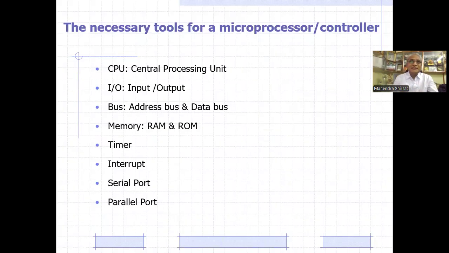But let me tell you one more very important thing. Whether it is a microcontroller or a microprocessor, I want to tell all students one important thing with clarity. Though we say that in a microprocessor, memory and peripheral devices are outside the CPU, and in a microcontroller everything is on a single chip, the clarity is this: whether it is a microcontroller or a microprocessor, it has got internal RAM as well as ROM.